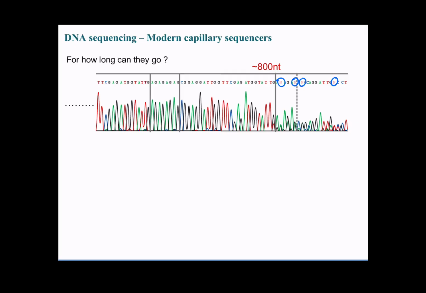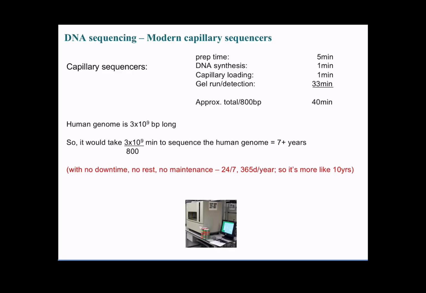But 800 nucleotides sounds like a lot, right? But when you think that an average gene may be 8,000 nucleotides in length with introns and everything, when you think that the genome is 3 times 10 to the 9th, so 3 billion nucleotides, now 800 doesn't sound like much anymore, right? So I wanted to introduce this idea.